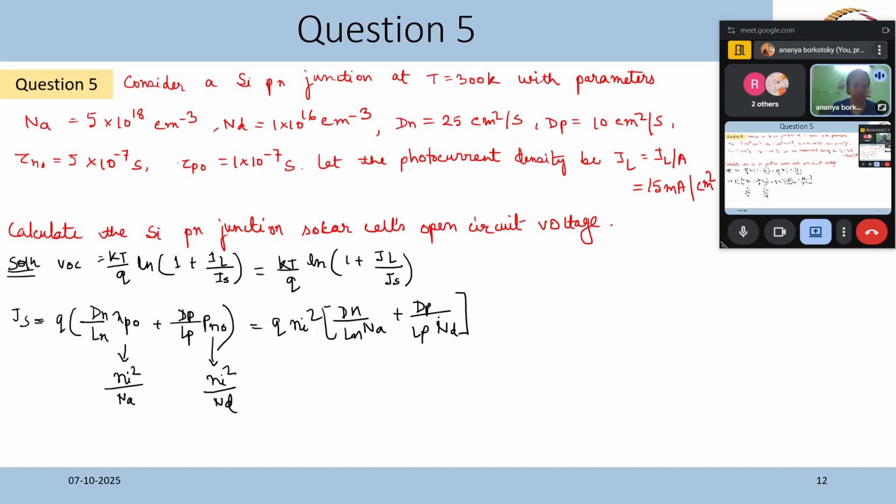dN by Ln into Na plus dP by Lp into Nd. dN and dP are given to us. Ln and Lp we don't know, but we know this expression, right? Minority carrier diffusion length for electron is the square root of tau n into dN. So tau n is given to us as 5 into 10 to the power minus 7. dN is 25. I will write it in terms of centimeter.